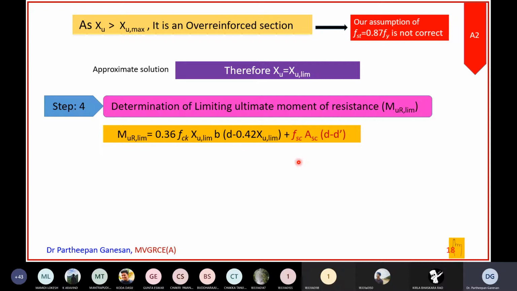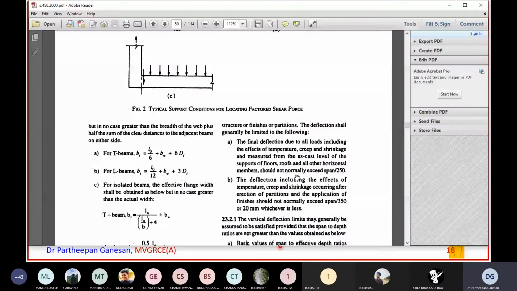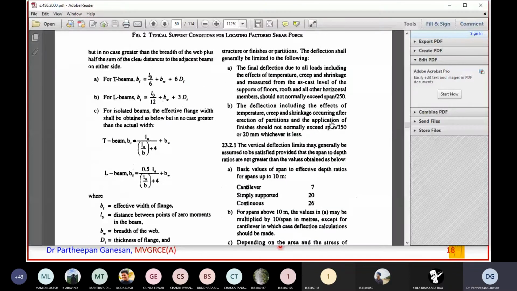Strain value from Fsc, because for Fe415 steel or Fe500 steel or Fe250 steel, from figure 23A or B, for example here, from figure 23A.